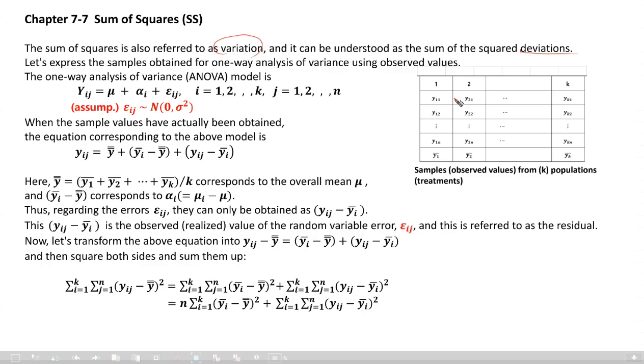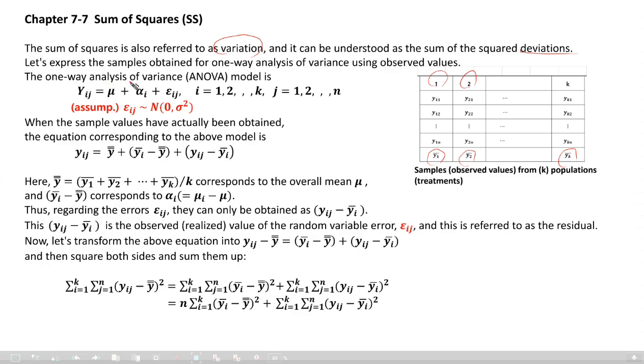In this table, the obtained values are y11, y12, y1n, y21, y22, y2n, yk1, yk2, ykn, and the sample means here. These are samples of observed values from k populations. Population is what? Here, treatment. K different levels of treatment.